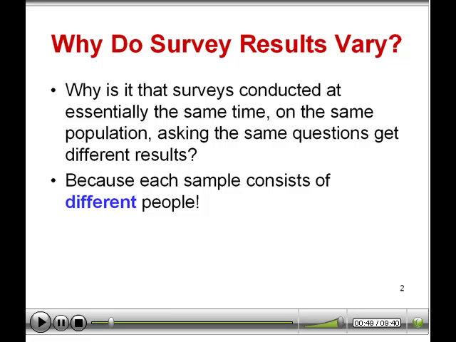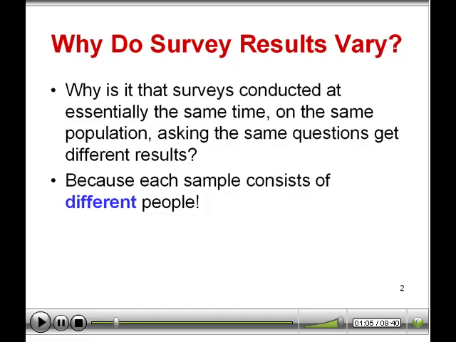Just before the presidential election in October of 2004, when the incumbent President Bush was challenged by Senator Kerry from Massachusetts, two different polls were conducted.